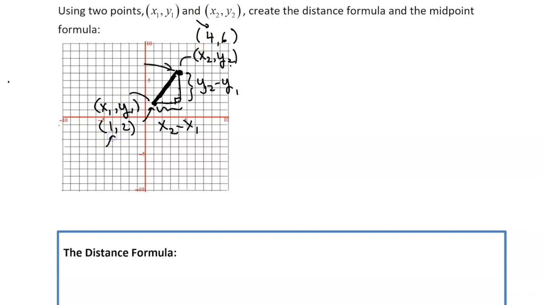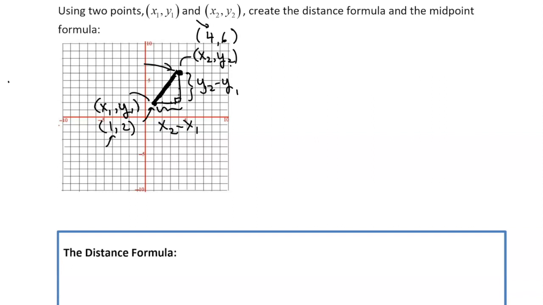This has an x value of 1. We know that they're 3 apart from each other. And you could say 4 subtract 1 will give you the horizontal distance of 3 units. Theoretically, that would mean x2 minus x1 will always give us the horizontal distance between 2 points.